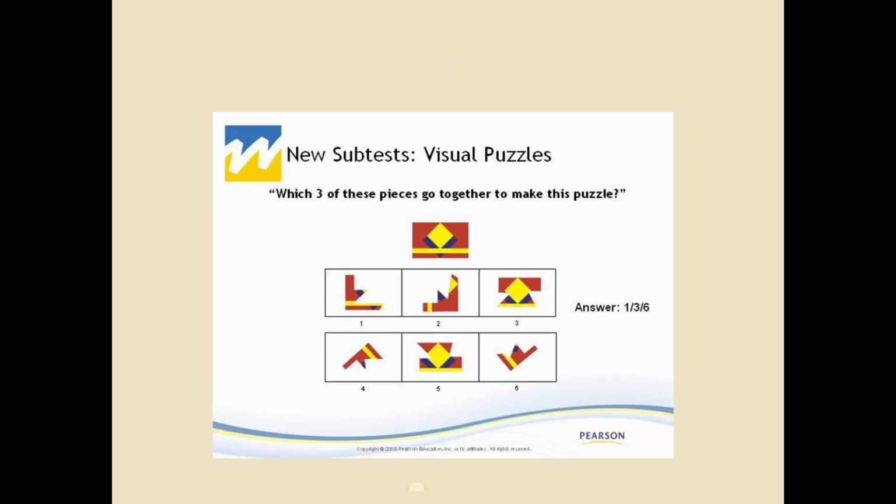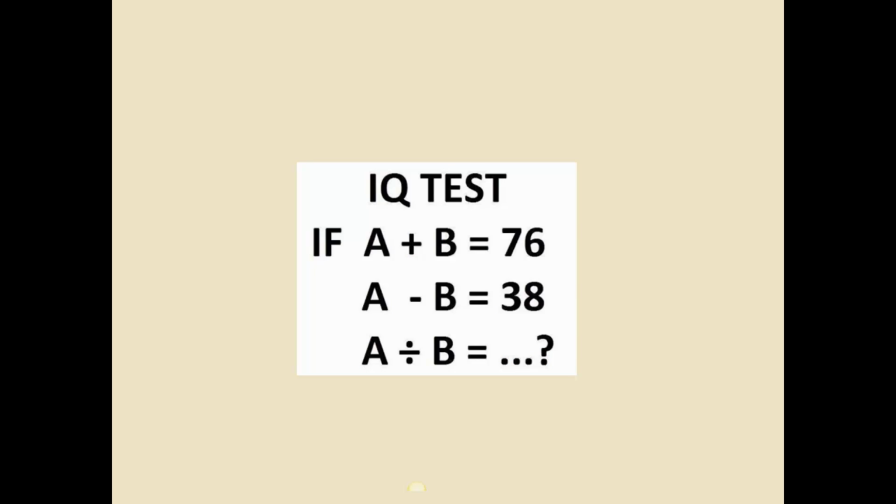Another example is this one, where they have to put things together like a puzzle to make the shape at the top. Or somebody may say a test like this is an IQ test, where they have to do some mathematical computations.